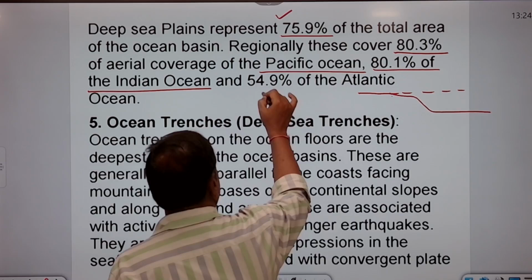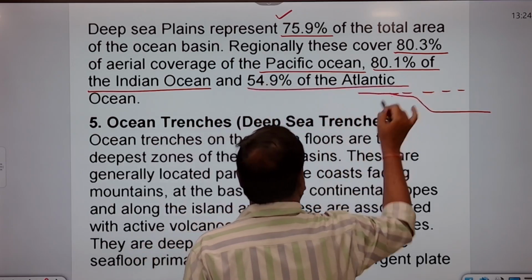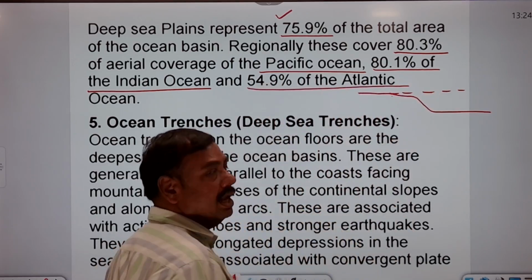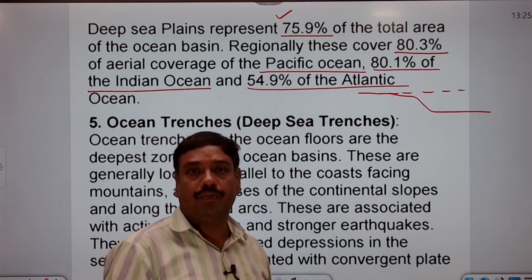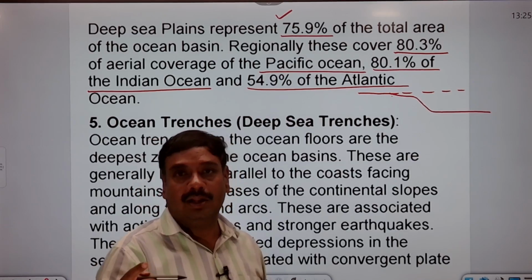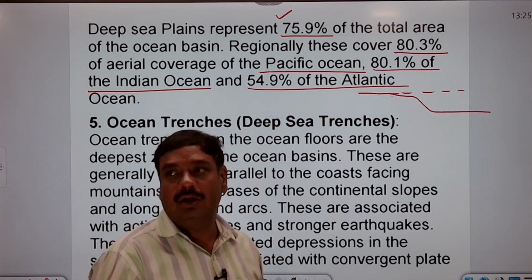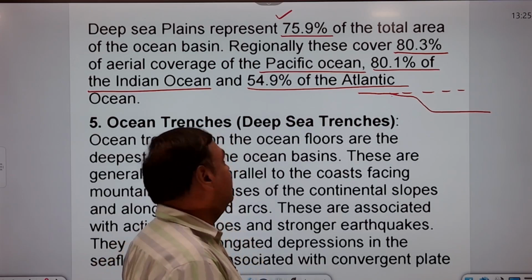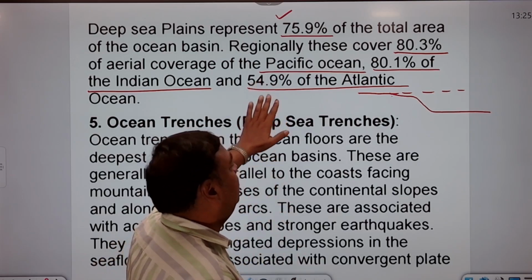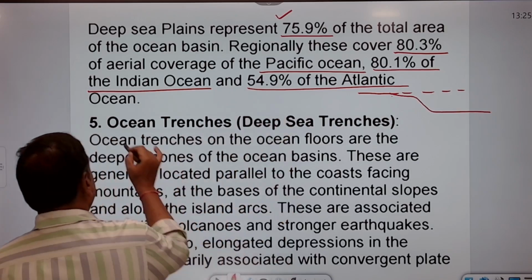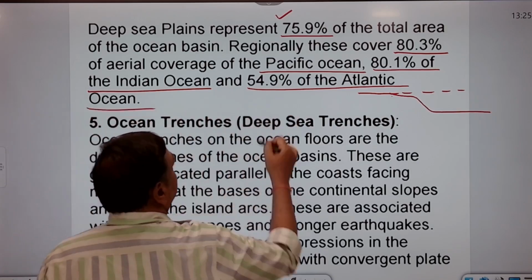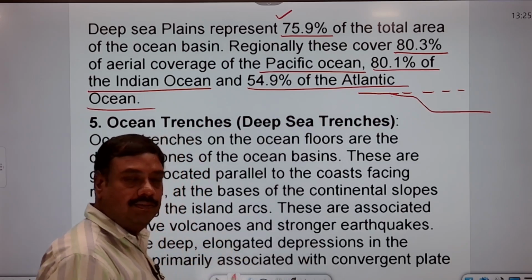And since in the Atlantic Ocean the distribution of continental shelf and continental slope was more than that of the Pacific Ocean and Indian Ocean, the distribution of deep sea plain is lesser here in the Atlantic Ocean, and that is only 54.9%.